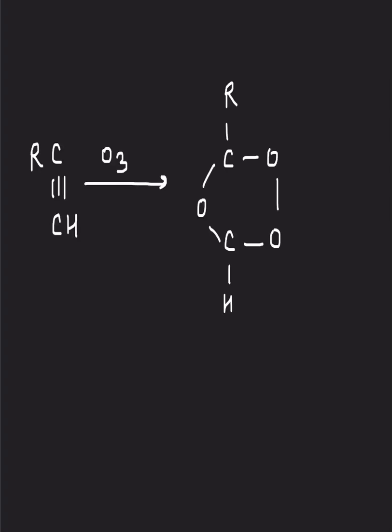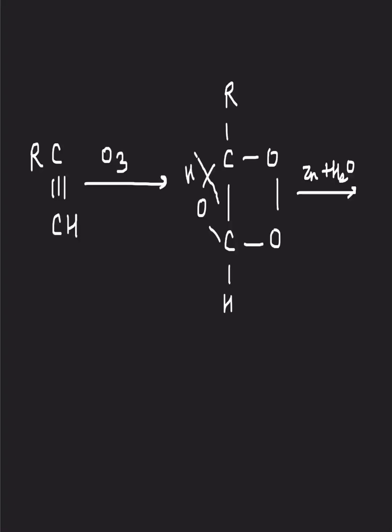Addition of ozone. So 1, 2, 3 and a 4 over here, correct? Followed by the treatment with zinc and water. We are going to talk about only this. We're not talking about the dimethyl sulfide one.